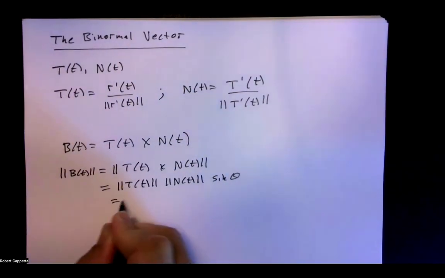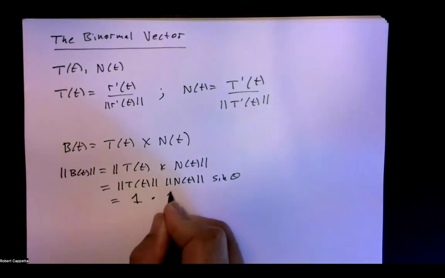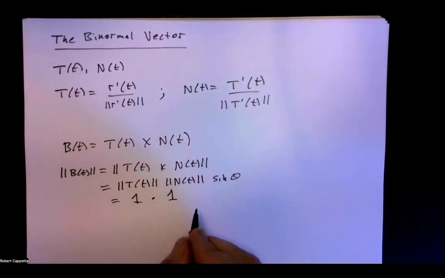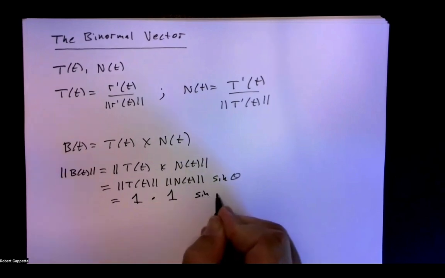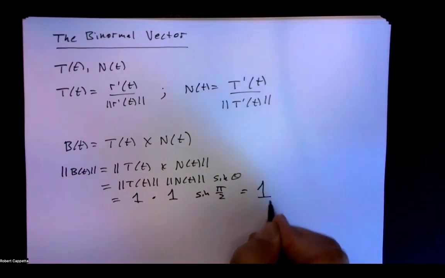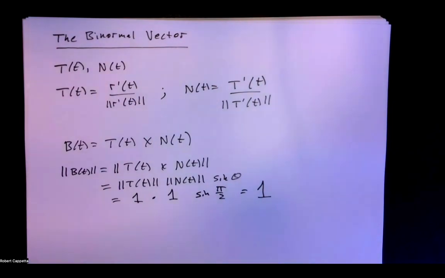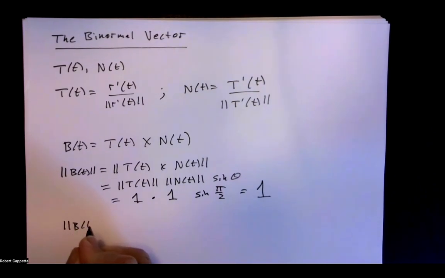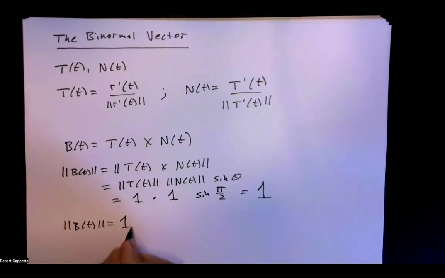Well, what is that? Magnitude of T is 1. Magnitude of N of t is 1. T and N are orthogonal, so the angle between them is 90 degrees, or pi over 2, which just gives me 1. So yes, B of t is T of t cross N of t, and the magnitude of B of t is 1. So B of t is called the unit binormal.